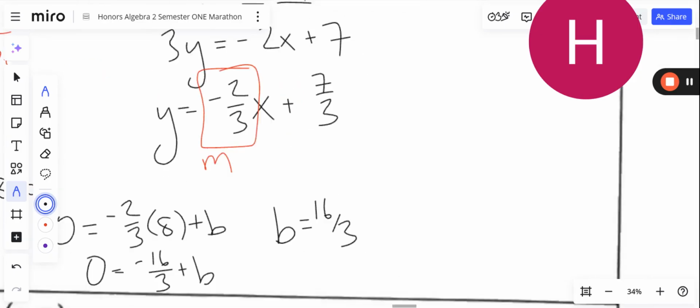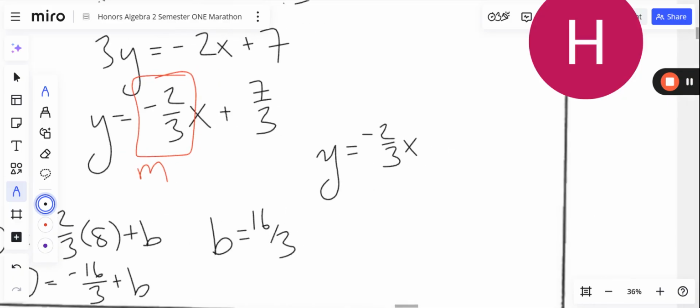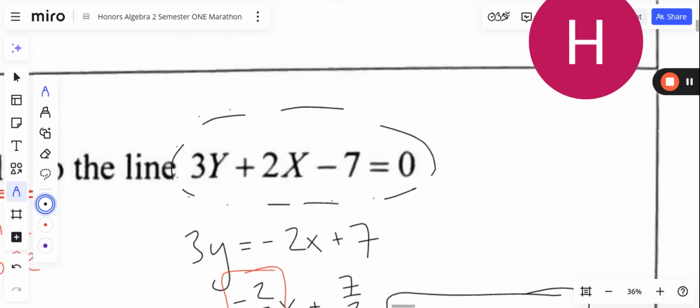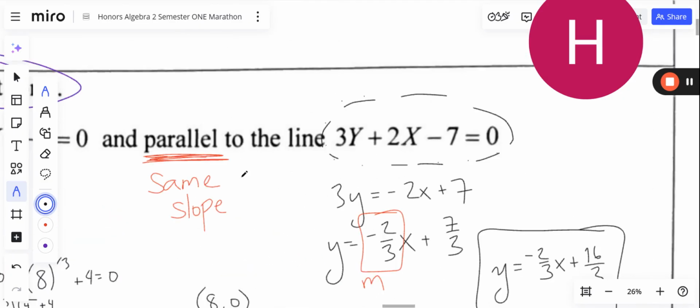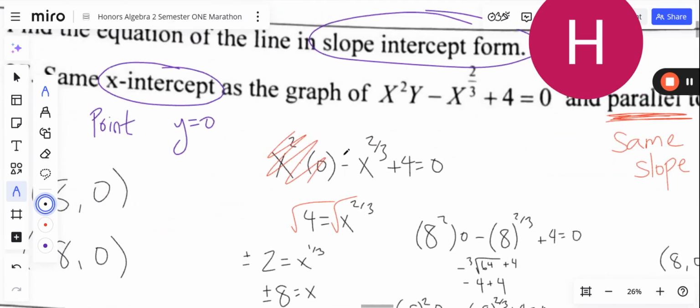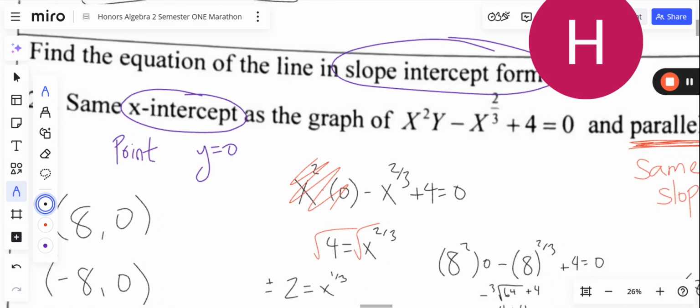Okay, perfect. So our slope is negative 2/3, our b value is 16/3, and that is our equation of the line, which is parallel to the given line, has the same slope as the line that they gave us, but it has the same x-intercept as this graph.